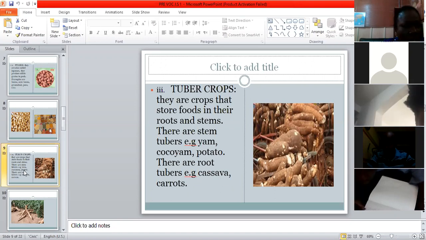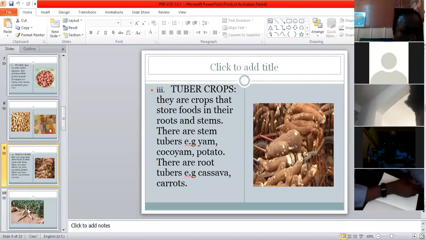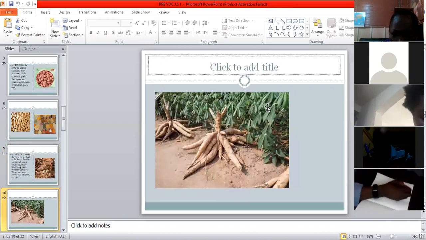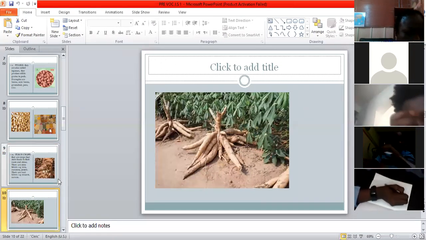Therefore, stem tubers are the yam, the cocoyam, and potato. On the slide is a picture of cassava tubers harvested directly from the farm. Then the second slide shows cassava as well, and you see the plant or the stems around with the leaves. This is the way the cassava plant looks.